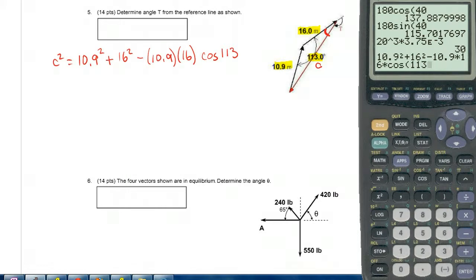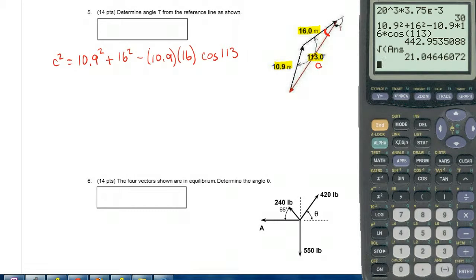Let me double check my numbers. Looks good. Then I'll take the square root, and my answer is C equals 21.046. That's going to be units of meters.